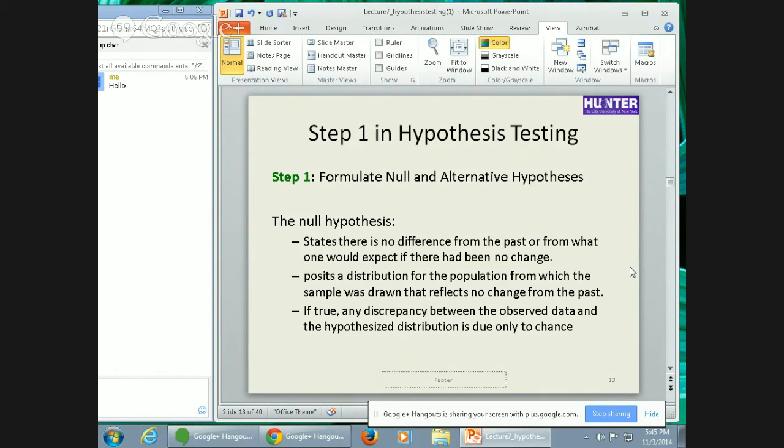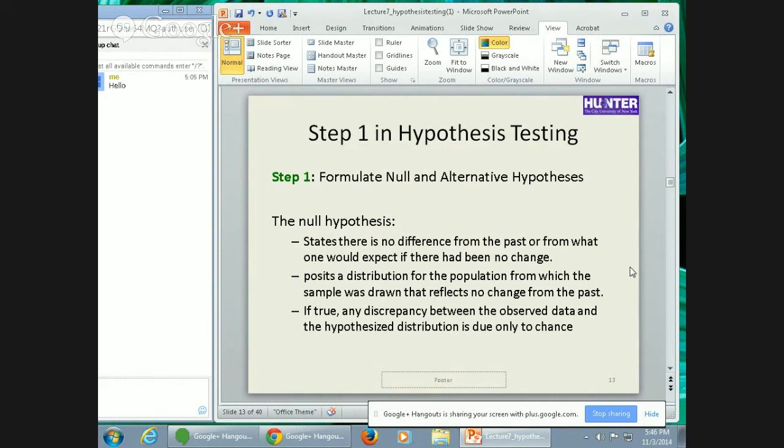So to go into these in a little more detail, formulating the null and alternative hypotheses. Again, the null hypothesis is always one of no difference. It's what you would assume in the absence of any evidence. So it assumes that the treatment has no effect compared to a placebo, or that the prevalence in your sample is the same as it's known to be in the population.